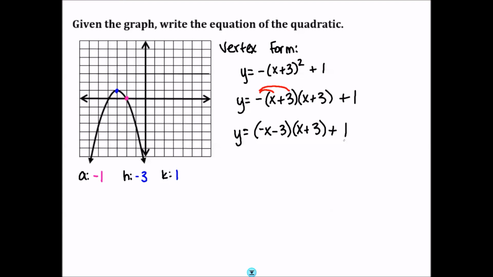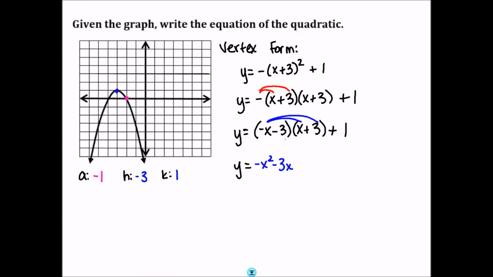Then I'm going to double distribute to multiply these two binomials. First, I distribute the negative x. So I get negative x times x is negative x squared, then negative x times 3 is negative 3x.